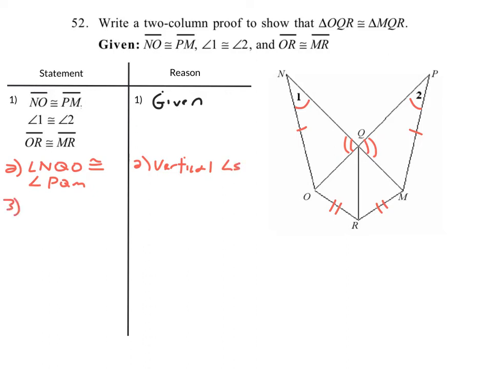All right? And now watch what we've got here. We've got congruence in this triangle and this triangle because we've got angle, angle, side, angle, angle, side.